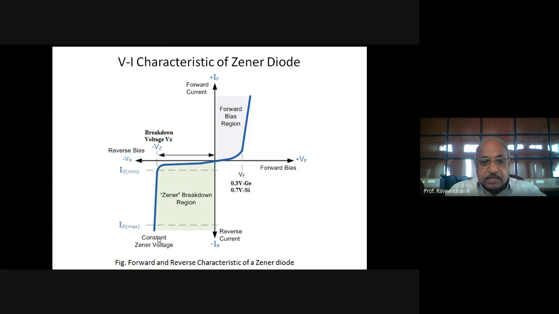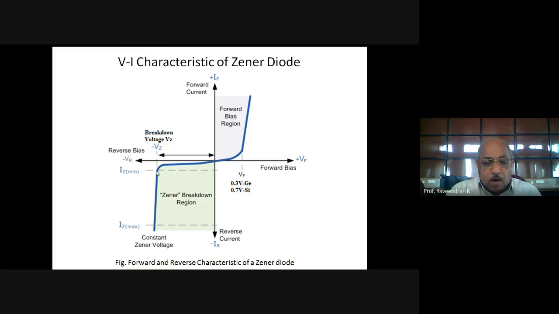In other words, the reverse current increases very sharply, keeping a constant voltage across the reverse biased PN junction Zener diode. Across the Zener diode, after the breakdown, the voltage will be constant. See here, this curve is almost parallel to the y-axis. So the voltage across the Zener diode will be almost constant after the breakdown.